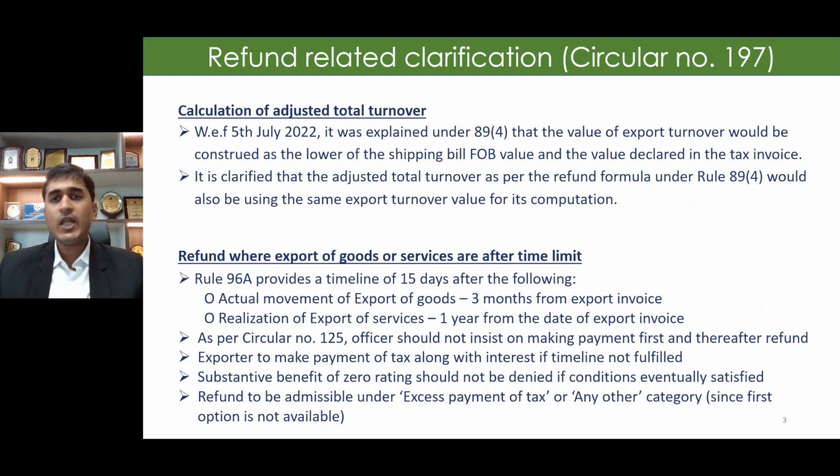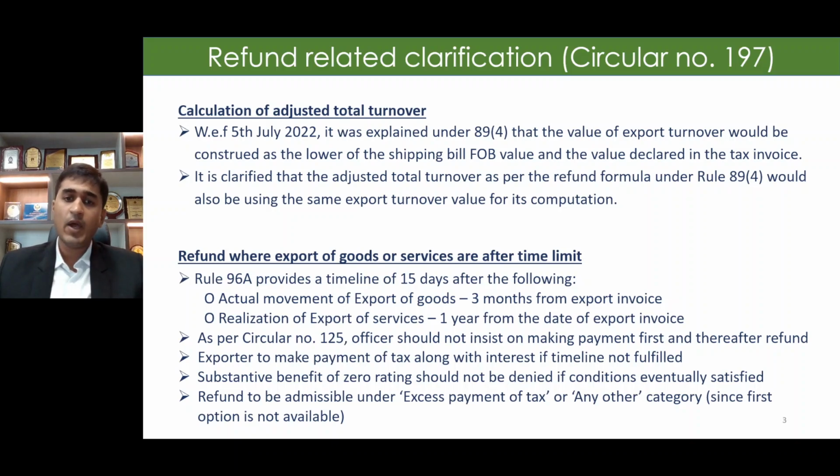That means if I am not able to make this export within this timeline, the departmental officer of the relevant forum is required to give me a post facto approval that yes, you can still make the exports, and the department should not be asking for making payment of export amount and thereafter claiming the refund, because Rule 96A is very clear. If I'm not following these norms of 3 months or 1 year as the case may be, in that case I need to make the payment of taxes along with interest.